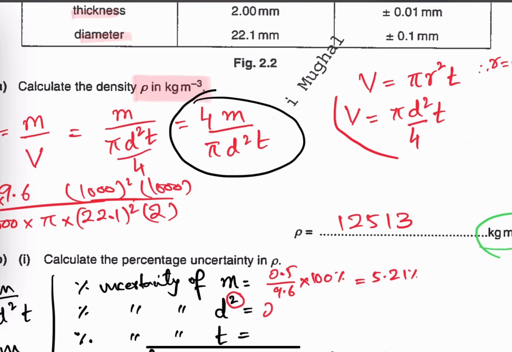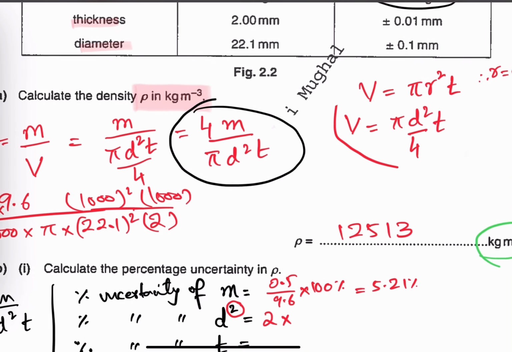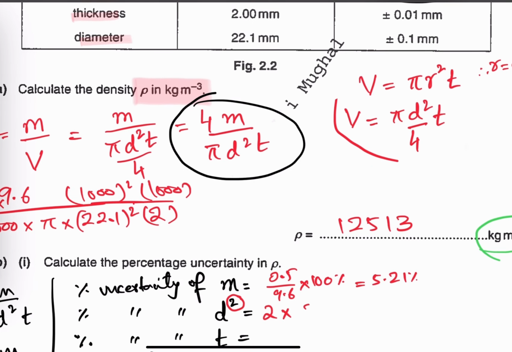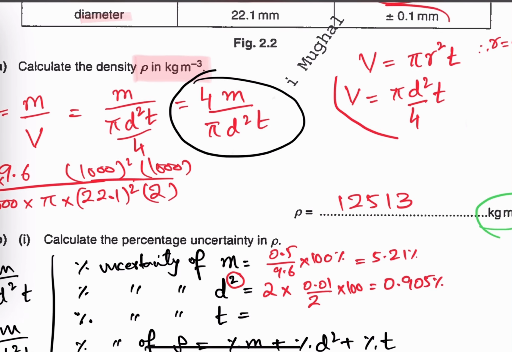For d squared, you have to apply the power relation. So the power will be multiplied with the percentage uncertainty of d. So you have to multiply this by 2 multiplied by 0.01 divided by 0.01 is this value, and divided by 2 multiplied by 100. So this will give you 0.905%. And for thickness, the uncertainty is 0.1, and this is the actual value.